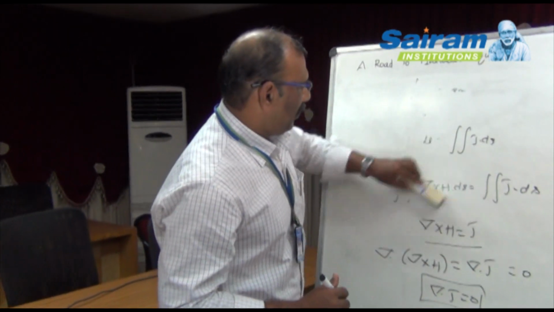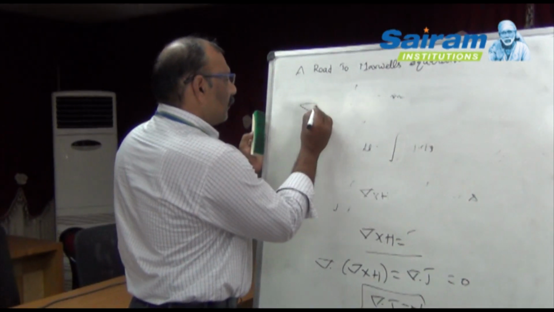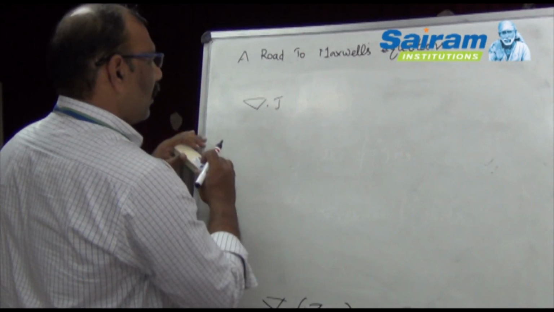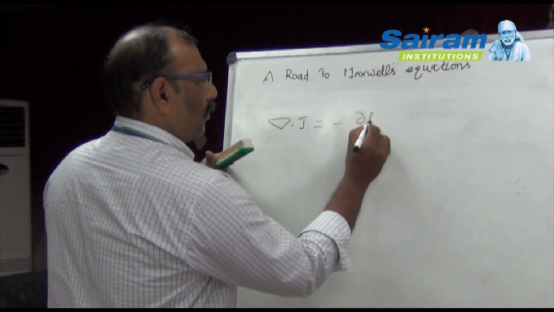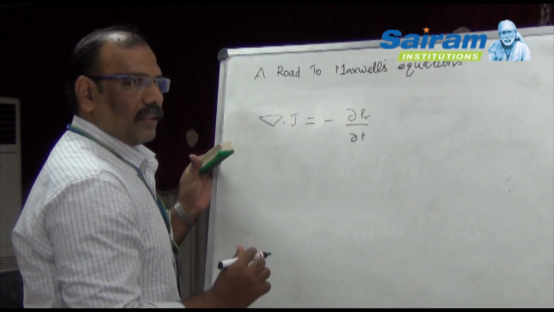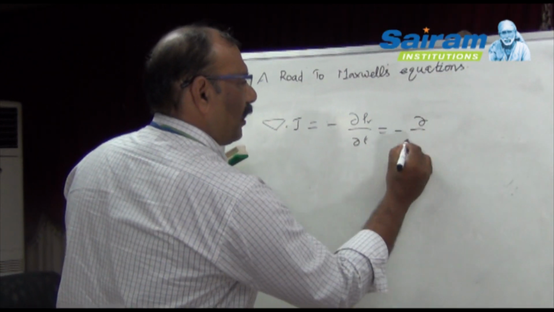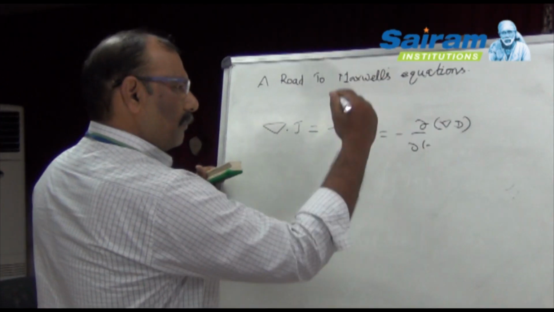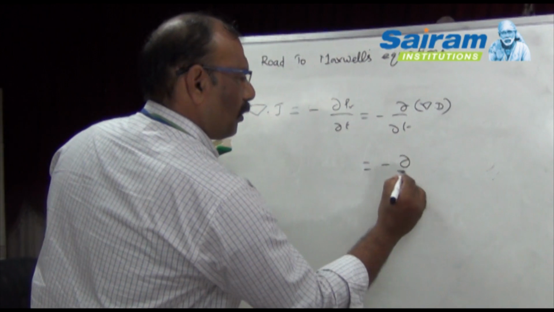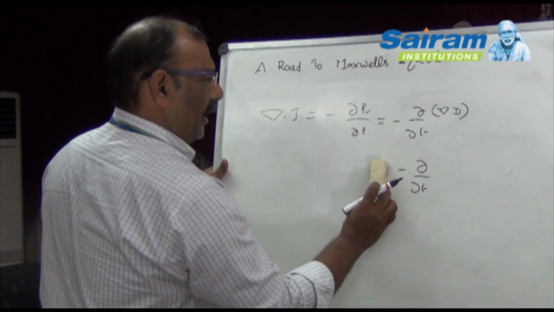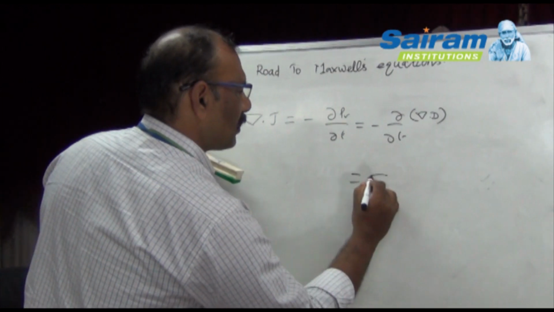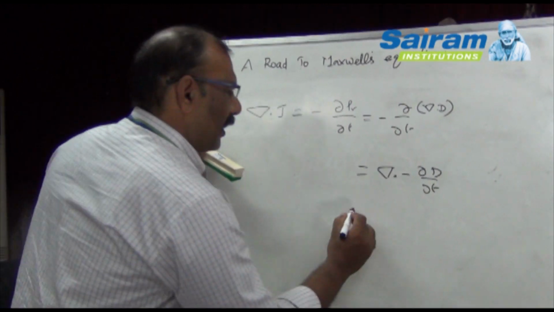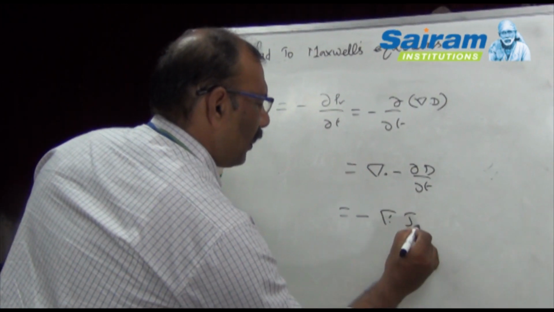How it developed: we know that from the law of conservation of charge, or continuity equation, divergence of J equal to minus dou rho V by dou T. From Gauss law, divergence of D equal to rho V. That means minus dou by dou T, taking the del outside, becomes del dot minus dou D by dou T, that becomes minus del dot JD.